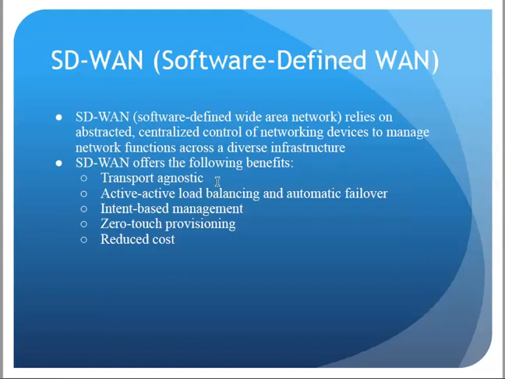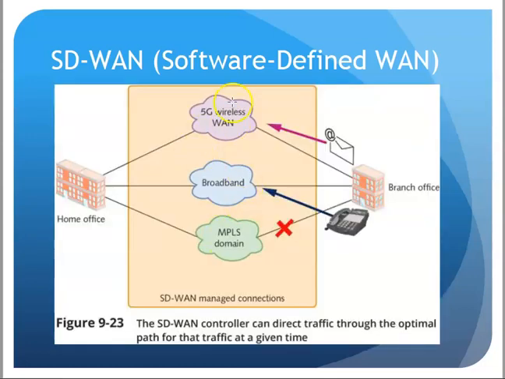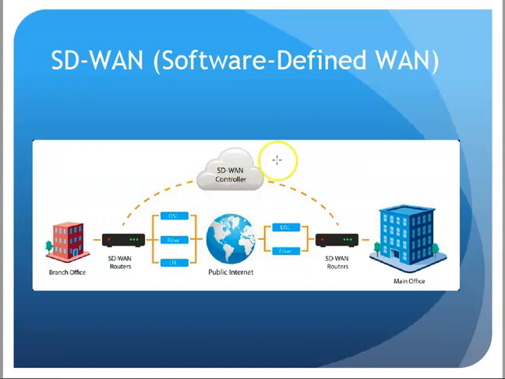The book also mentions software-defined WAN. So here, I think I show an example right here. Your software-defined WAN connections are managed, and I think I show here the controller actually manages this connection, and it might be a variety of resources that are used to go from site to site. So this controller is now taking the place of all that routing table, that sort of thing, and saying, no, this is the way you go.